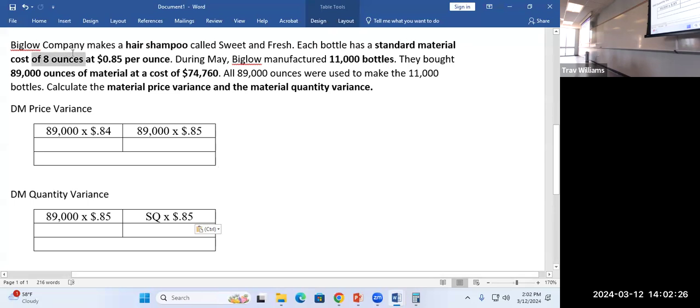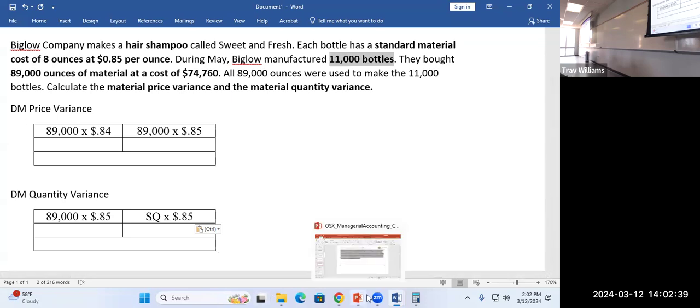So 8 ounces, because we're only talking about quantity at the moment. So it's the 8 ounces times the 11,000 bottles. Because we already have the 85 cents down here, right? So the standard quantity is 8 ounces per bottle. And since we're making 11,000 bottles, that would be a total of 88,000.